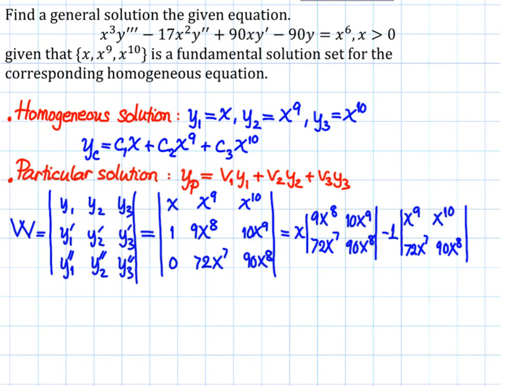Evaluate this, and inside we'll have 90 times 9, which will be 810, x to the 17.